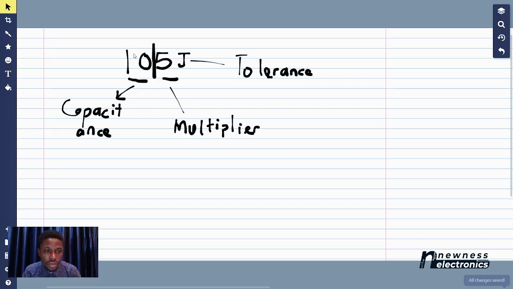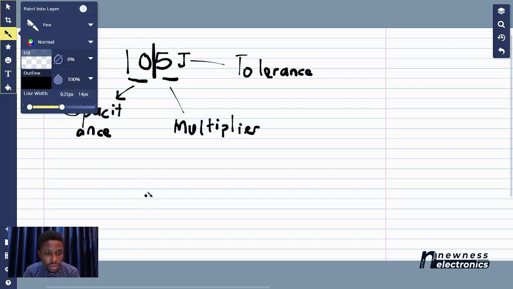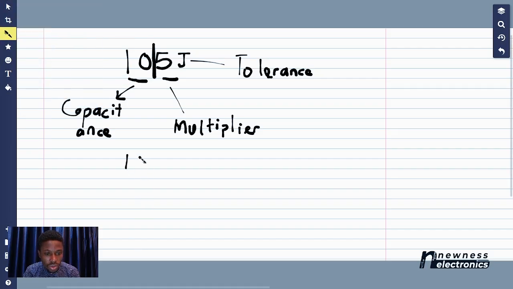So if you want to know the capacitance of this capacitor, it will be 10, then add 5 zeros to it.